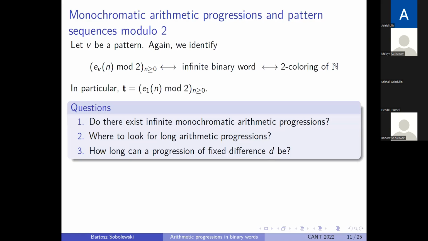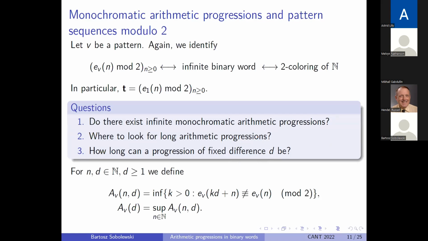And again, we ask the same questions. So do there exist infinite monochromatic arithmetic progressions in this coloring? Where to look for long progressions, and how long can a progression of a fixed difference d be? And can I define similar notation?